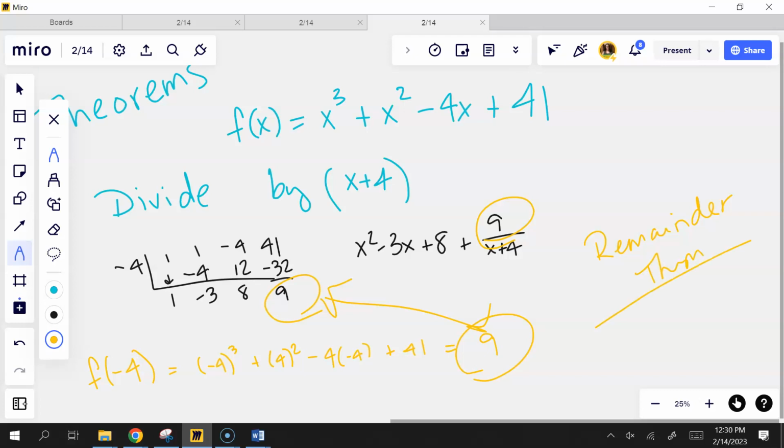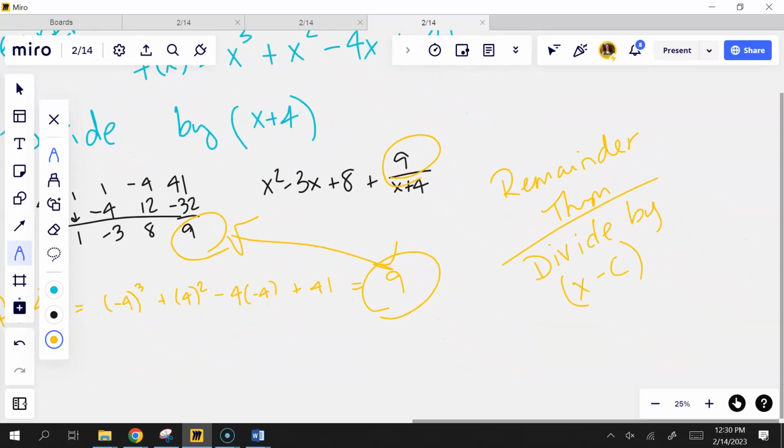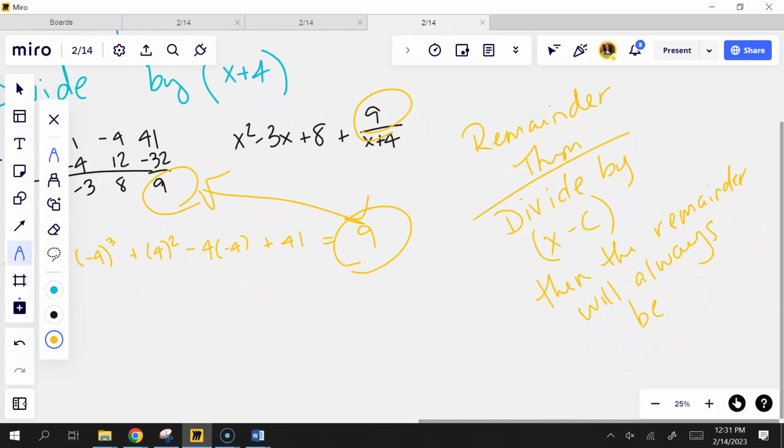If you divide by x minus some number c, then the remainder will always be f of c.